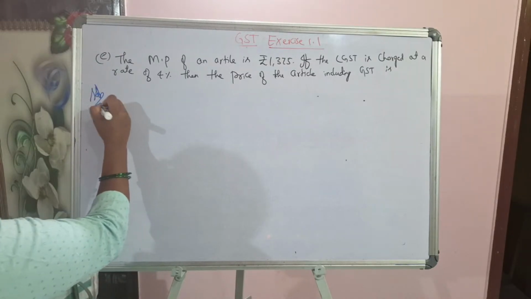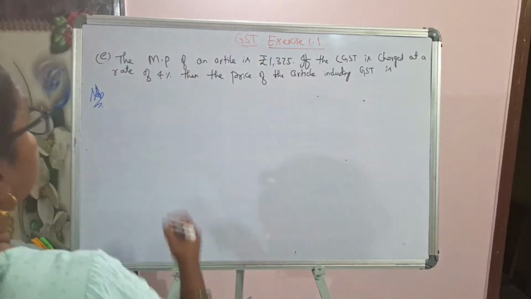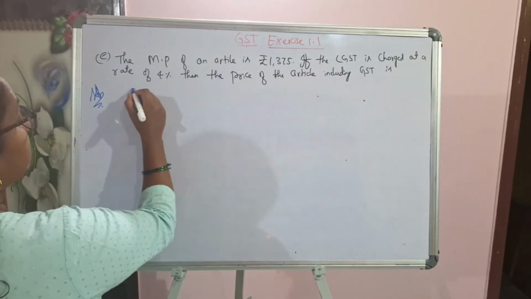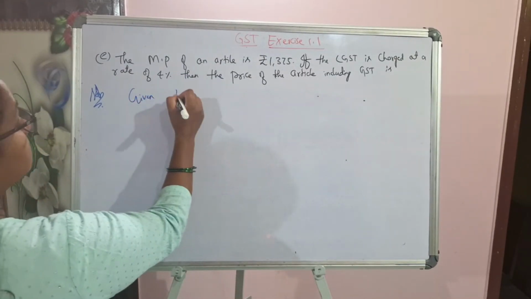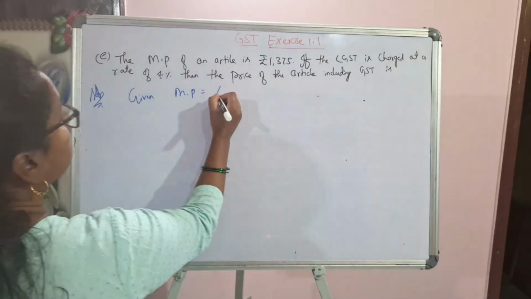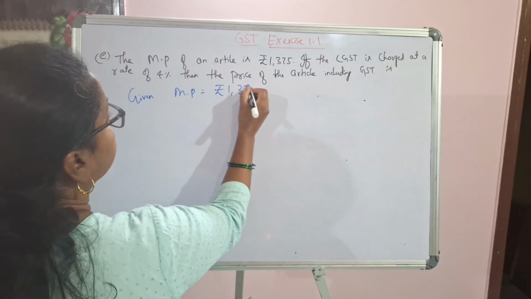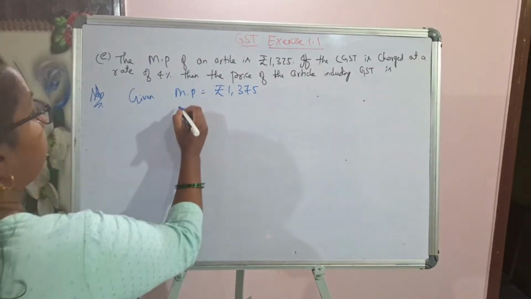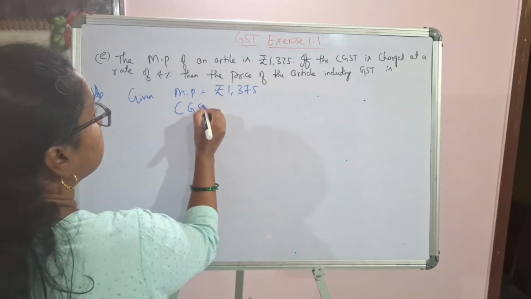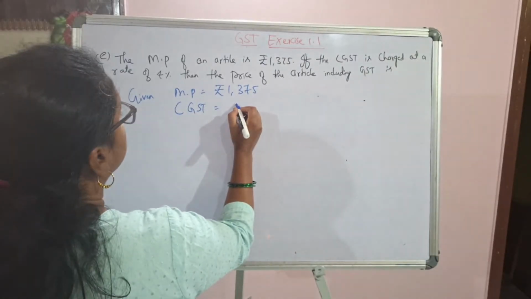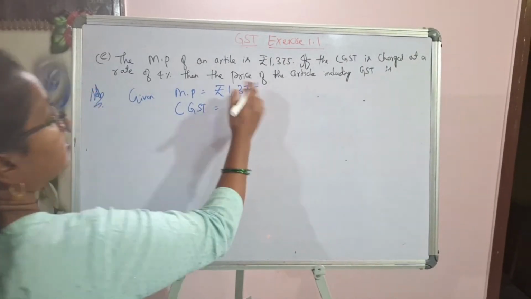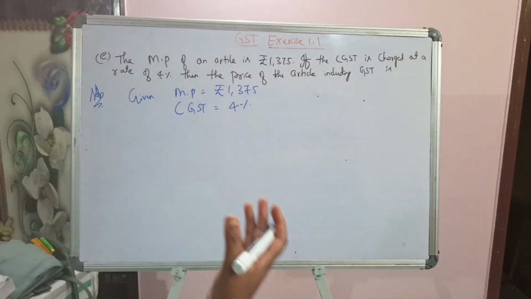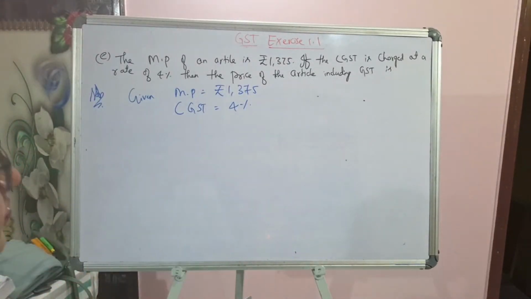Here they have given that the market price of the article is rupees 1375 and CGST is 4%. Then calculate the price of the article including GST.